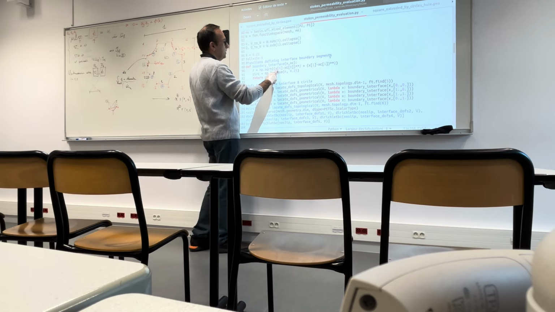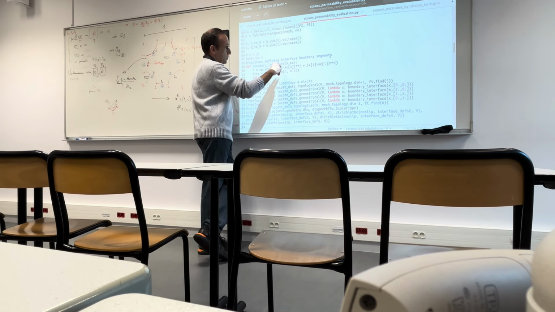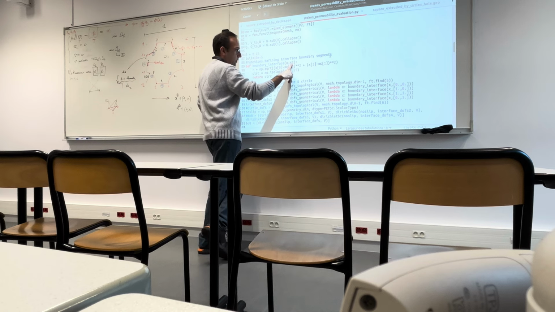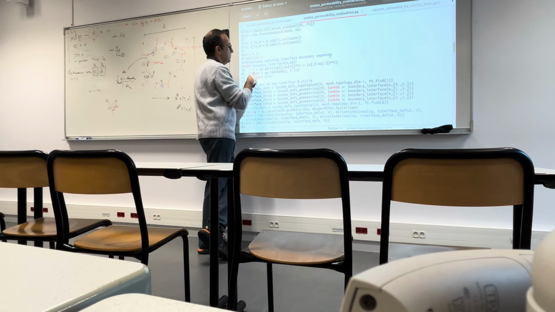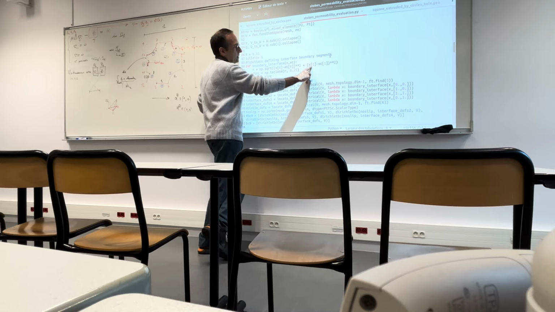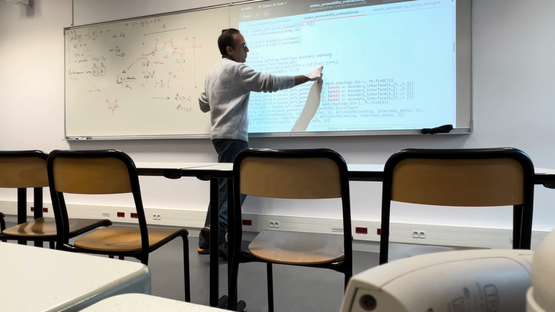So the idea is this, that you enter with the coordinate of a point and the coordinate of a center. You define r as the square root of x0 minus xc0 squared plus x1 minus xc1 squared.